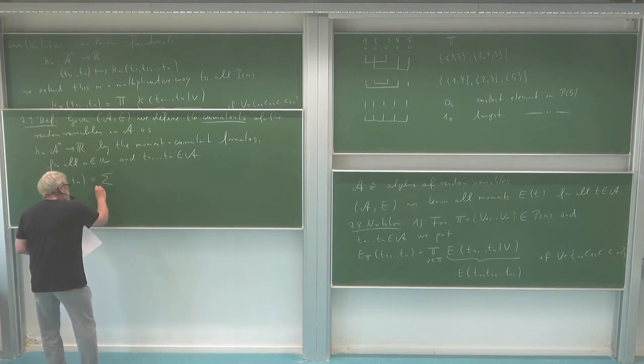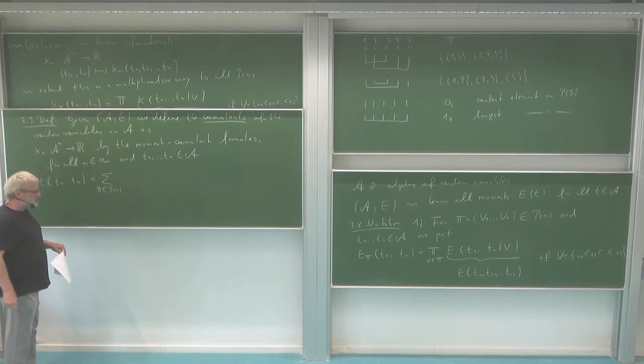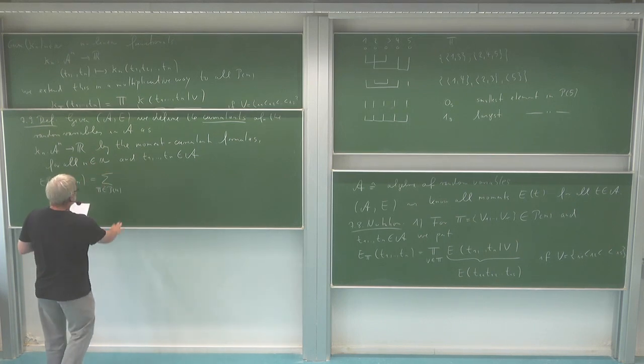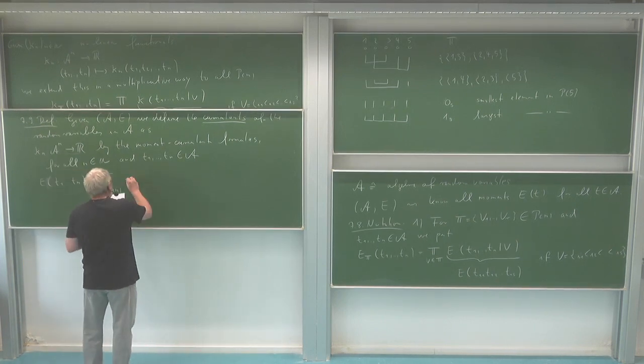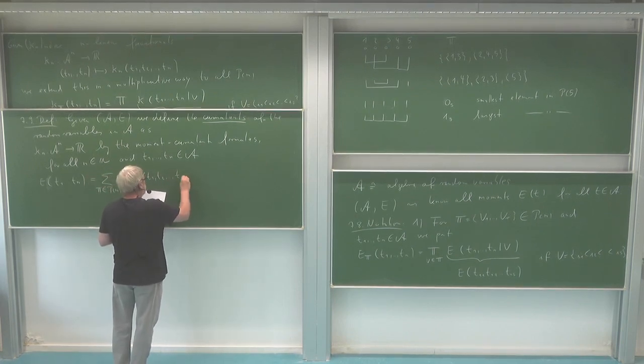I'm summing over all partitions of n, where n is the number of factors which I have here, and each pi gives me a contribution, and the contribution is exactly this kappa pi of t1, t2 up to tn.